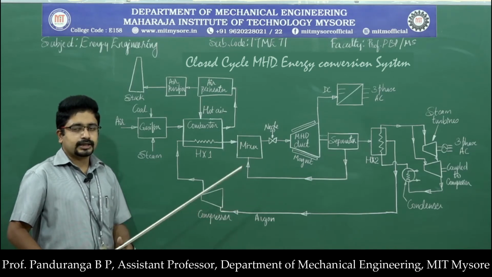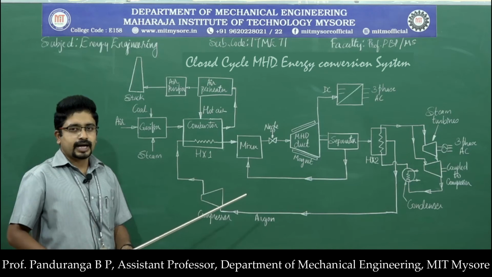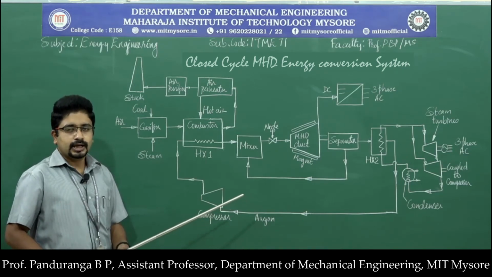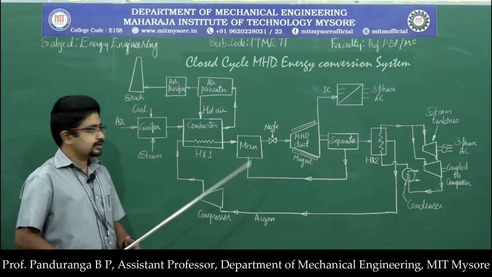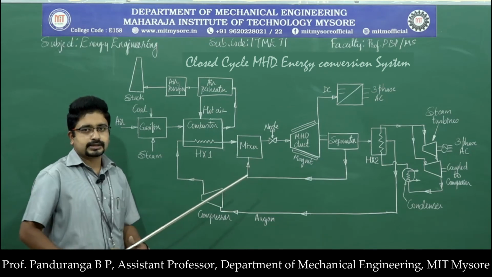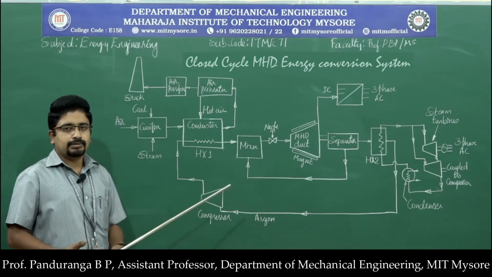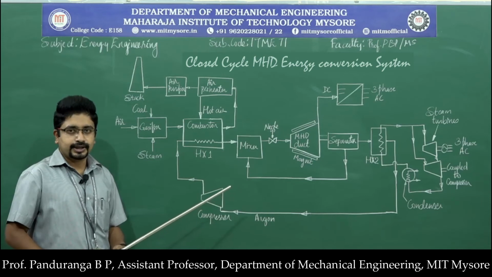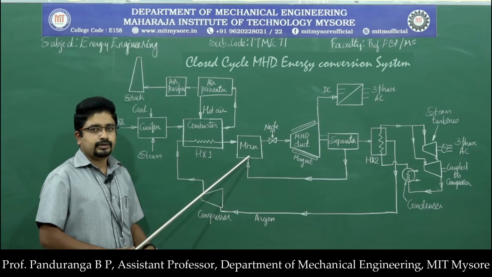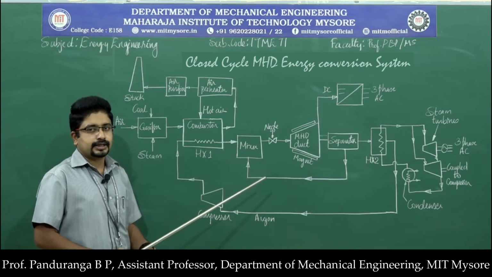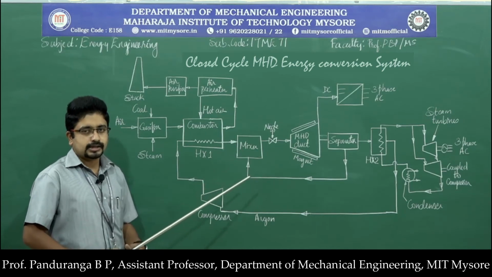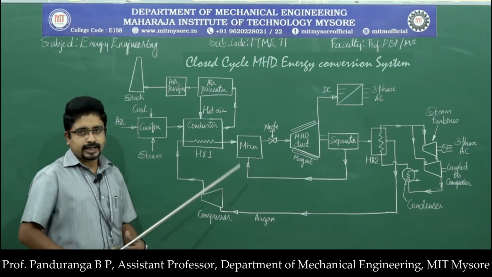To ionize, either we need to increase the temperature of the gases to a very high temperature, which is not possible with the available materials, because the materials of the combustion chamber and the duct carrying the gases will not be able to hold the gases in an ionic state for a longer duration of time. Because of that we use another method, that is the seeding method, where we add charged particles into the hot gas.